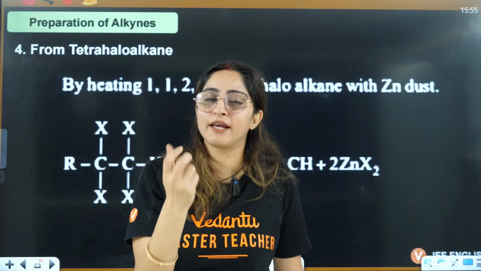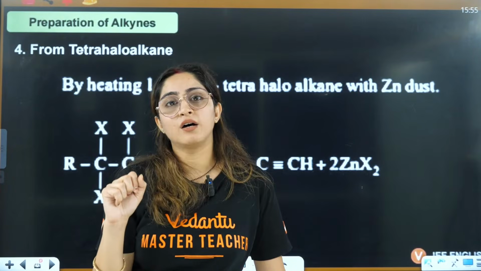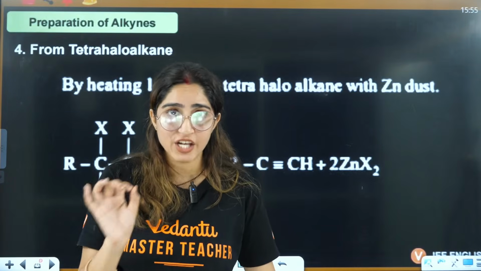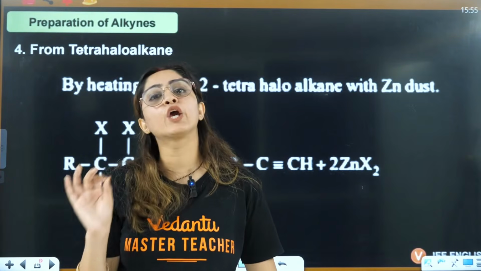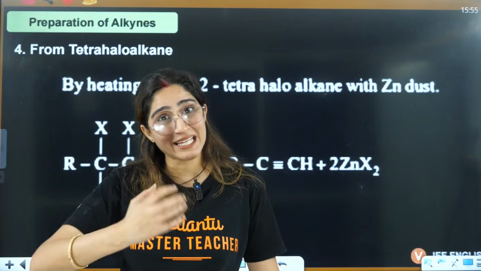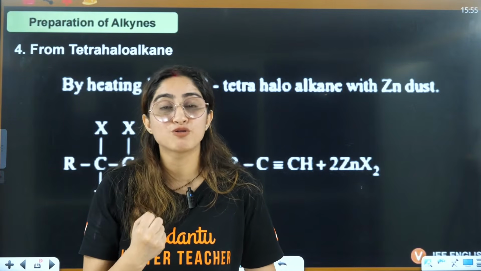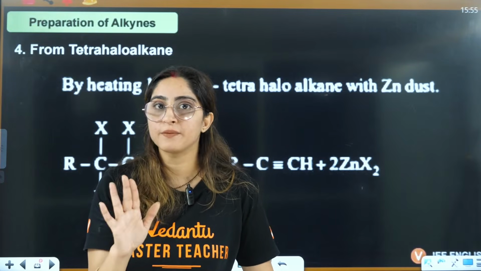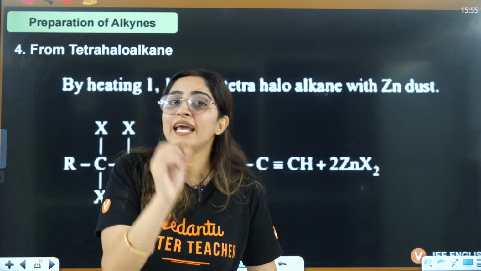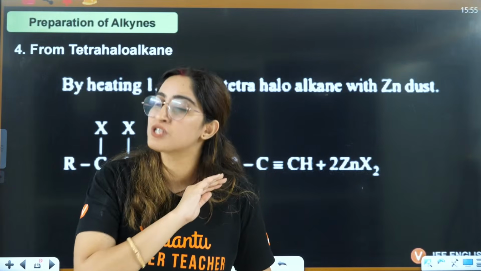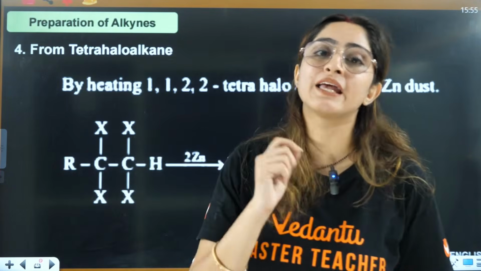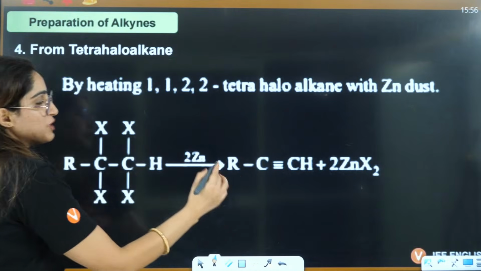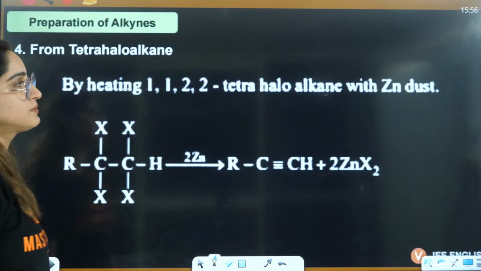These are dehydrating agents. For dehydrohalogenation, that means to eliminate HX, you use alcoholic KOH. If further from alkene you have to take out halogen and hydrogen, you use NaNH2, which is a stronger base. Then for dehalogenation, if you have to take out just halogen, you will use zinc dust. So by using zinc dust, you will directly have the formation of alkyne here.